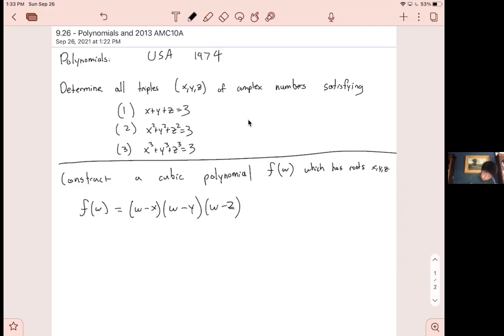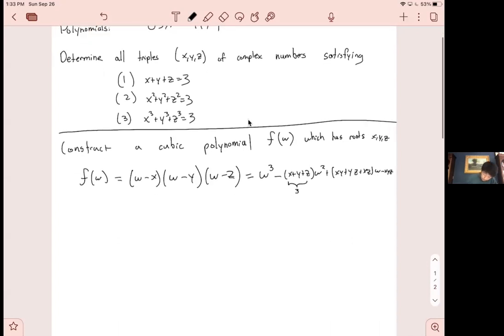f of w equals w minus x, w minus y, w minus z. And this is equal to w cubed minus (x plus y plus z) w squared plus (xy plus yz plus xz) w minus xyz. Okay, all good. And so there's a couple things that we get almost immediately. Firstly, x plus y plus z is 3, just from condition 1.